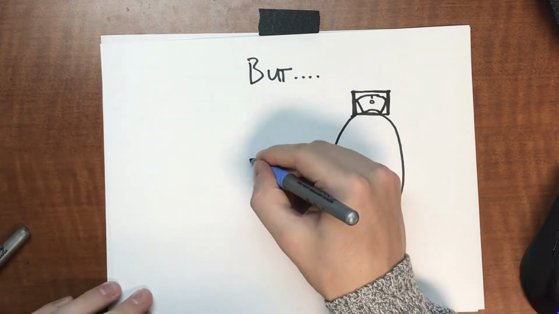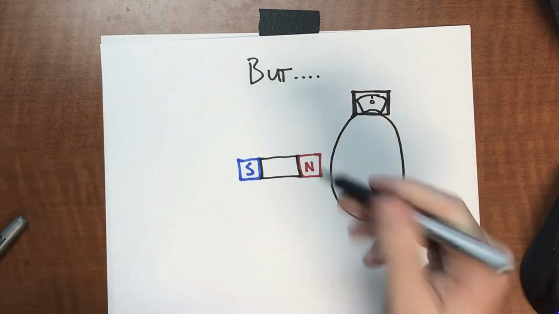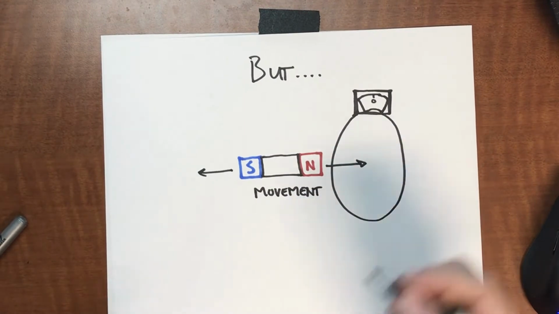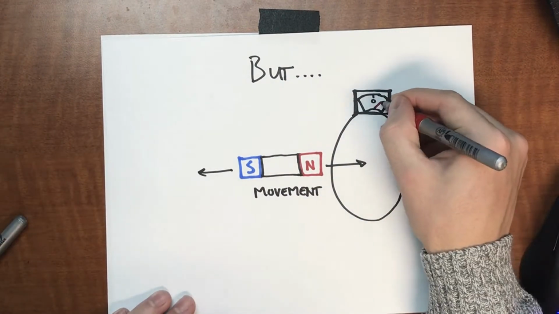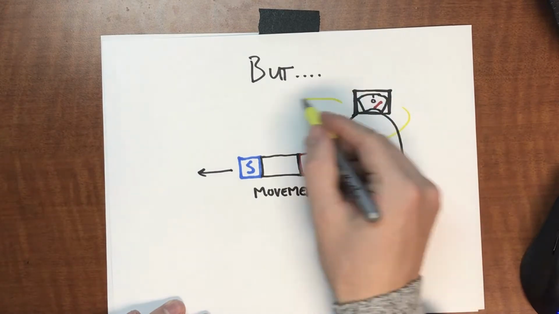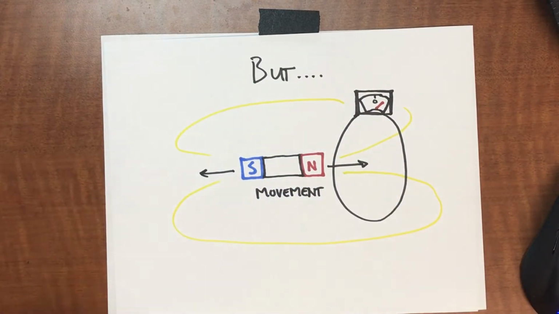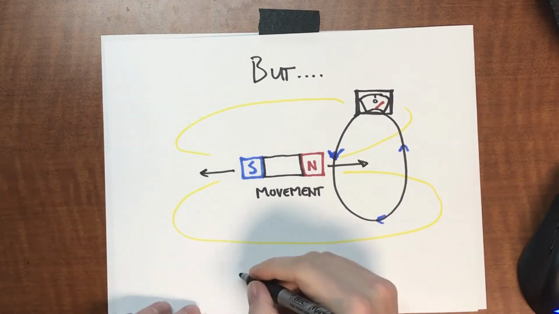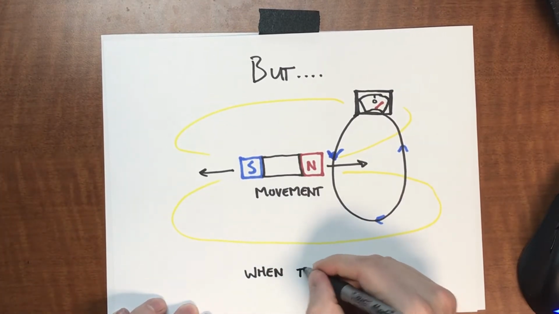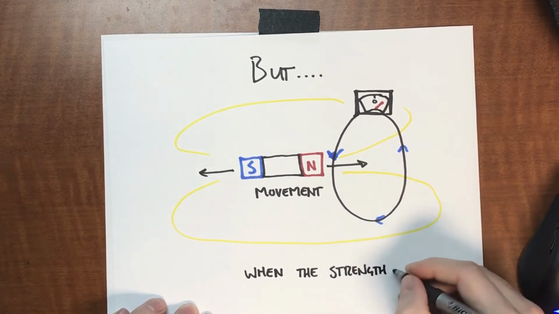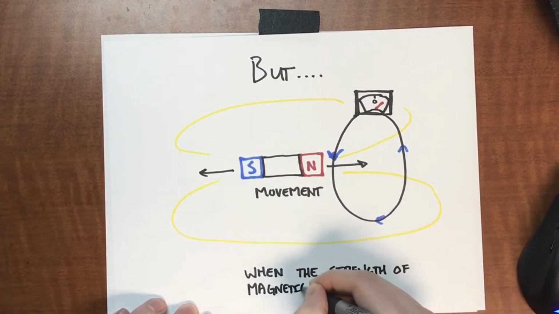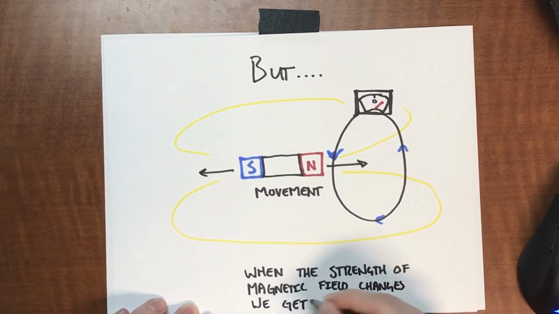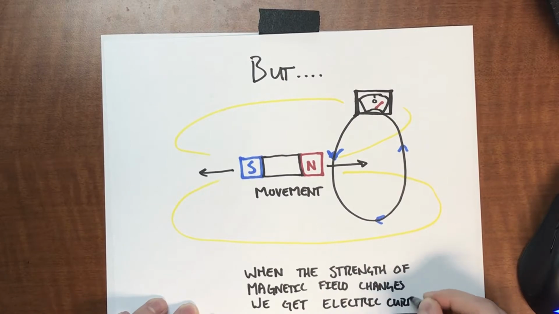And what he soon figured out as he looked back at it and started moving the magnet around was that as he moved the magnet around this circuit, there was indeed a current produced, without a battery, showing that it was produced by the magnetic field. So this showed that when the strength of the magnetic field was shifted or changed, we could produce an electric current.